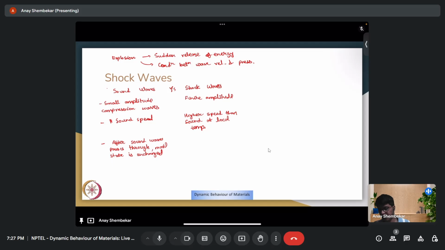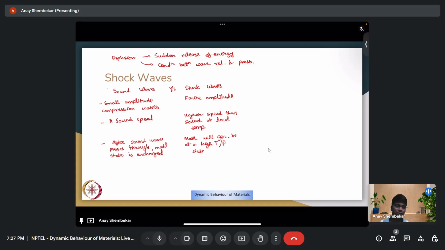Whereas when a shock wave passes, the material will generally be at a high temperature and pressure state. Later on, we'll see that this could also result in, say, phase transformations and so on.